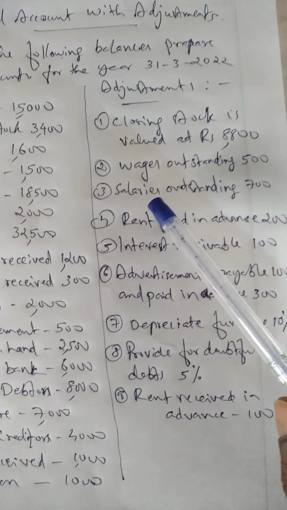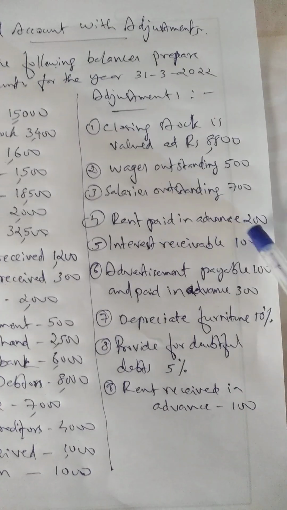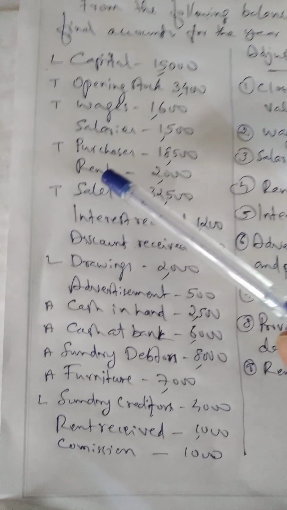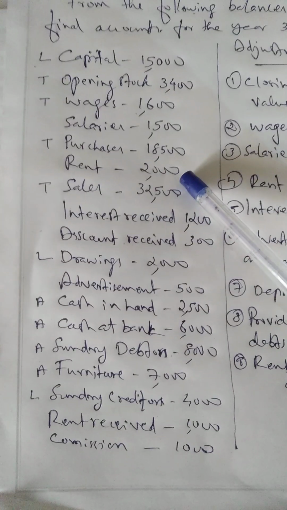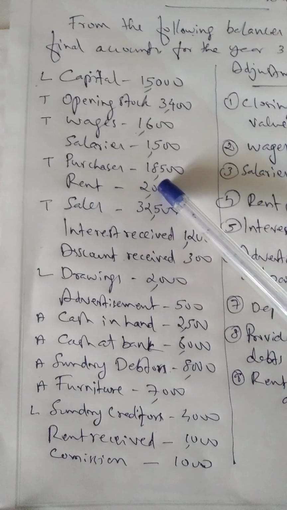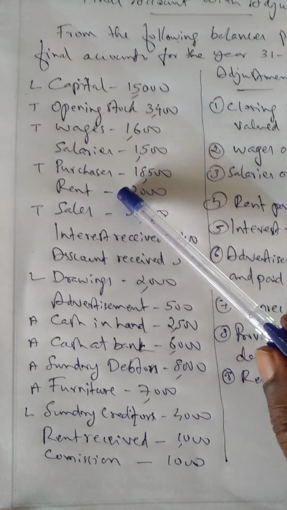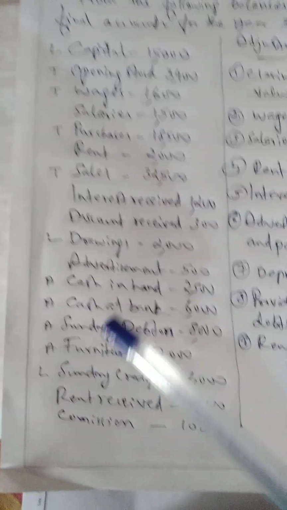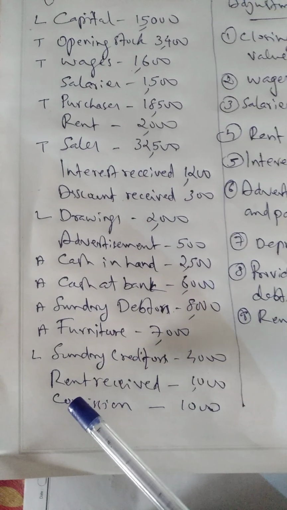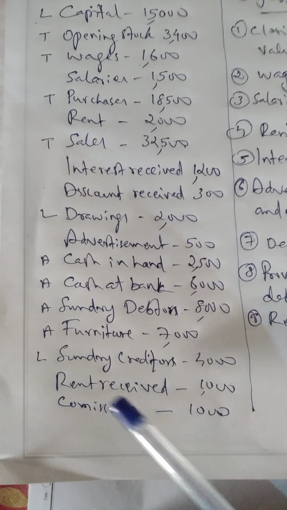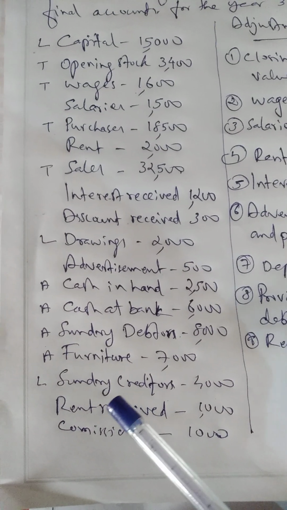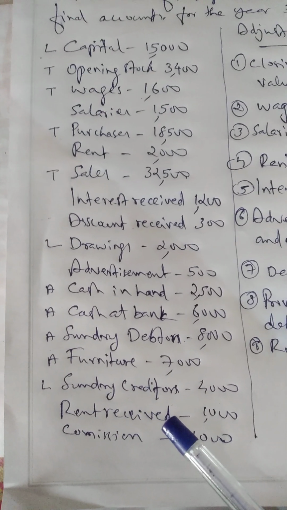Here the adjustment is rent paid in advance. When an item is simply given, it is an expense. If rent is given, obviously it is rent paid. And if it is a receipt, then it will be specifically stated in the question, rent received. Either that amount received, or sometimes it may be shown within the bracket, credit item.